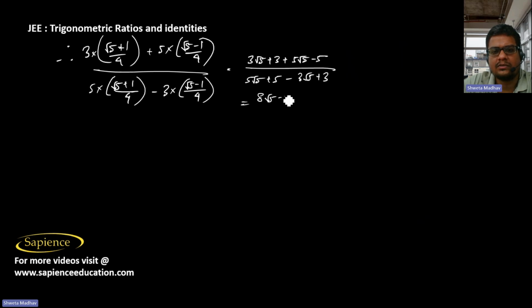So this will be (3 root 5 plus 3 plus 5 root 5 minus 5) divided by (5 root 5 plus 5 minus 3 root 5 plus 3). So this will be equal to (8 root 5 minus 2) divided by (2 root 5 plus 8). So this will be (4 root 5 minus 1) by (root 5 plus 4).